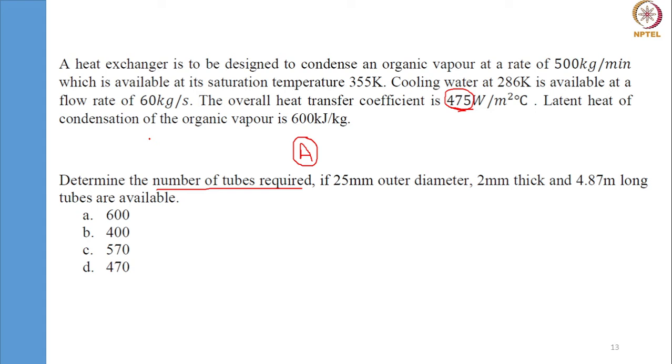So the first step is to find out LMTD. To find out LMTD, we don't have one more temperature. To find that remaining temperature, we are going to do an energy balance and get the unknown temperature. After finding out LMTD, we need to apply Q is equal to UA LMTD.